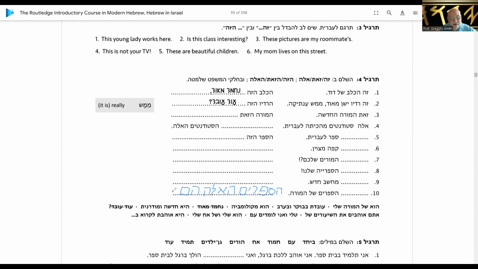Let's see here. Kasha. A whole M there, and a Dalit. Okay, so Hasiprim Ha'ela. So these books, they kasha lilmod, they are difficult to learn. Let's see if I can get that whole thing to make sense. Hasiprim Ha'ela, hem kasha lilmod.